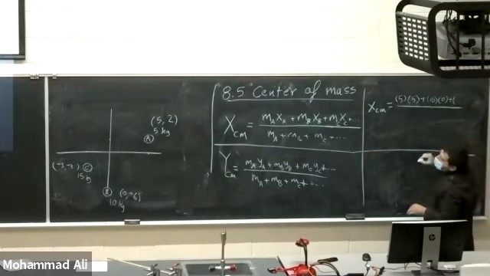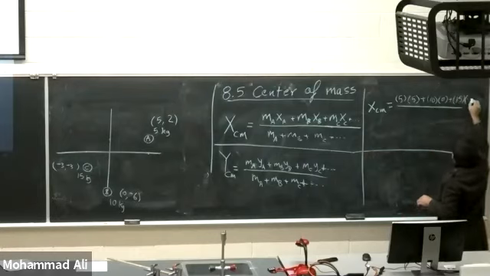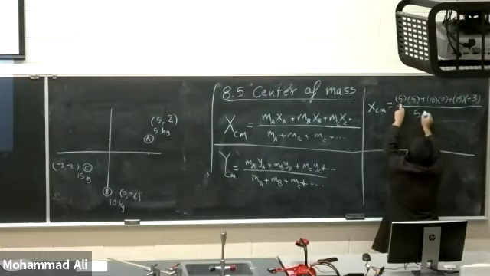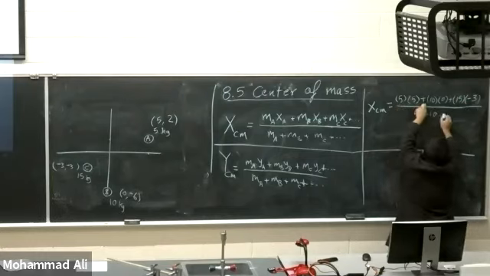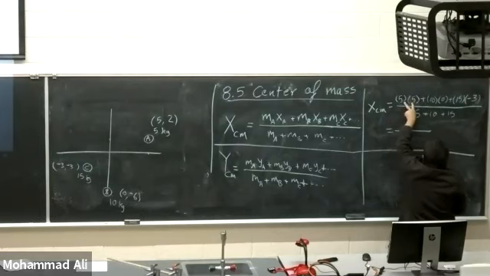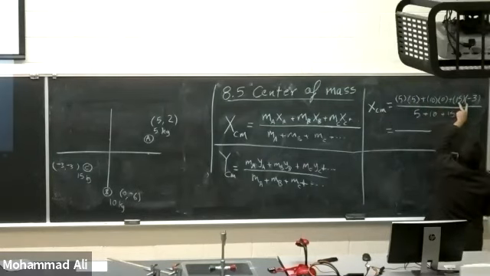Plus the mass is 15 for C, and its x component is minus 3. Over the total masses, 5 plus 10 plus 15. This will be equal to 25, plus 0, minus 45.